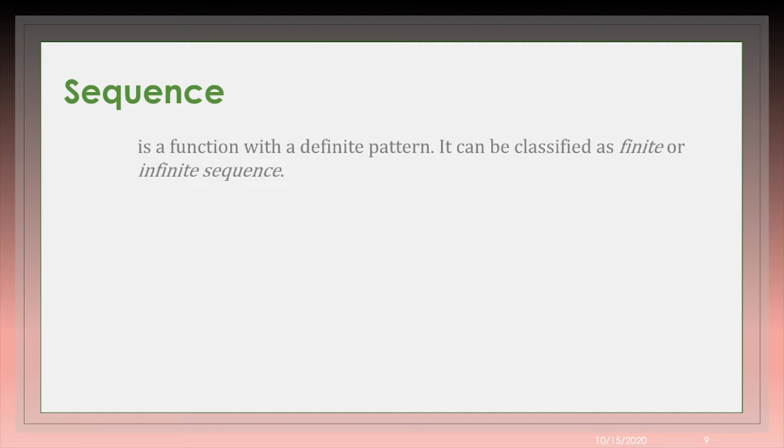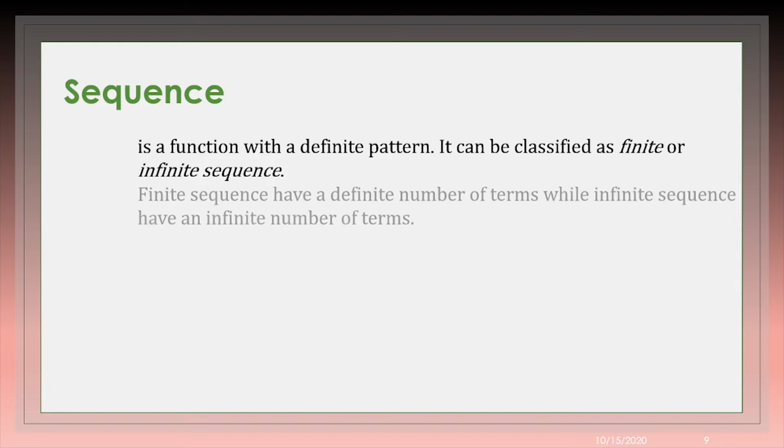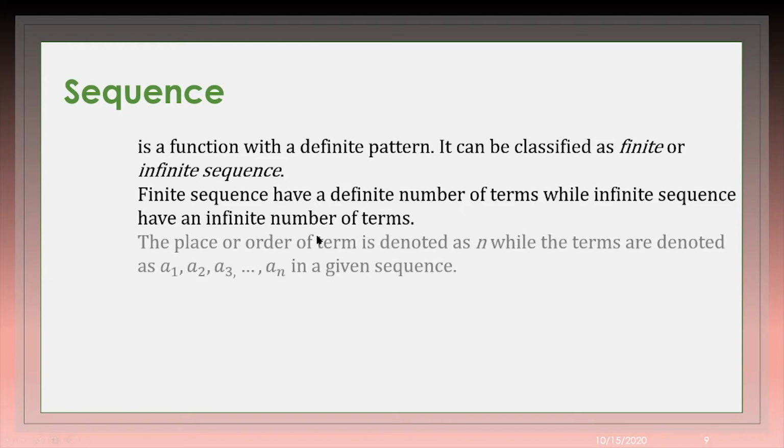It can be classified as finite or infinite sequence. A finite sequence has a definite number of terms, while an infinite sequence has an infinite number of terms. The place or order of the term is denoted as n, while the terms are denoted as a sub 1, a sub 2, a sub 3, up to a sub n in a given sequence.